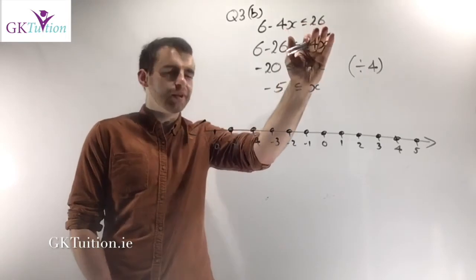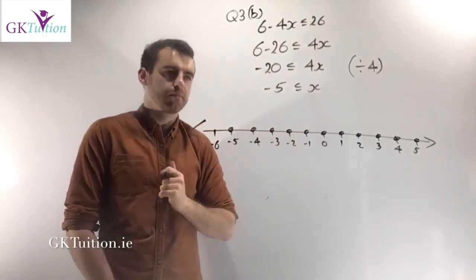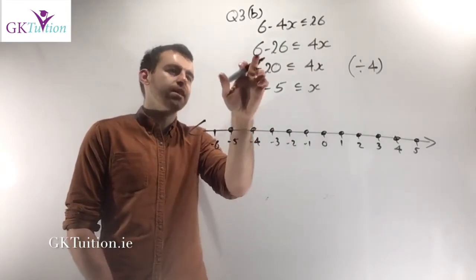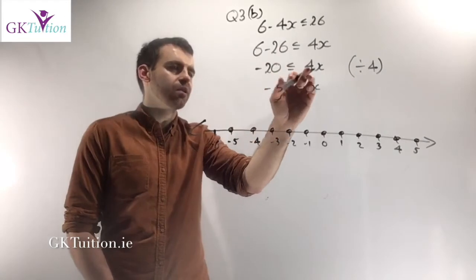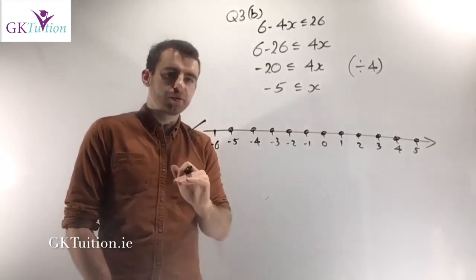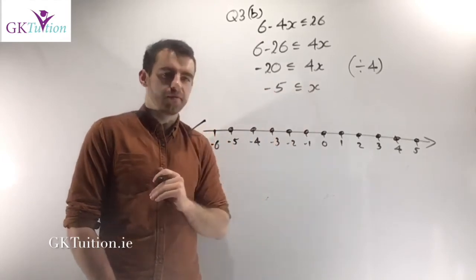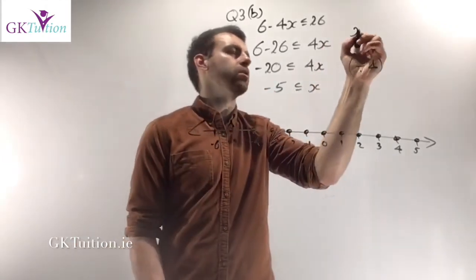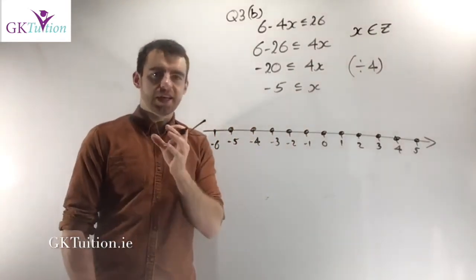I then had a plus 26 on the right and I moved it across to the left and it became a minus 26. Now I just need to add 6 minus 26 gives me minus 20. So if minus 20 is less than or equal to 4x, divide both sides by 4 and I end up with x is greater than or equal to minus 5. And notice that the question told you that x is an element of z. And z refers to the integers.